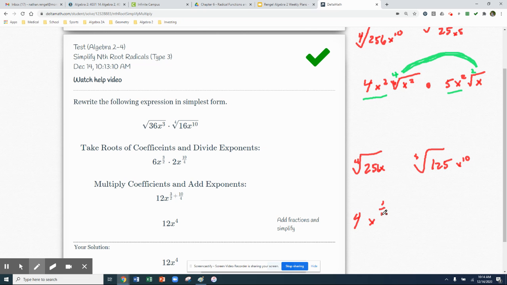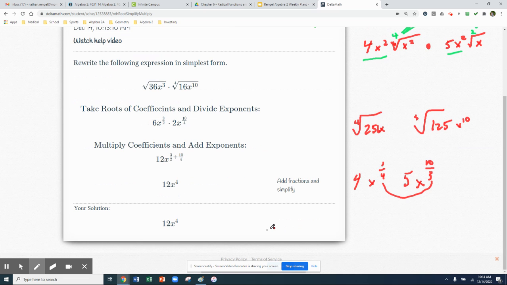Yeah, 4x and a quarter. Yeah, 3. Oh yeah, 5. So then it'd be 5x to the 10/3, right? Then here we'd have to find a common denominator between these, which would be 12ths. Let's just get the number part.